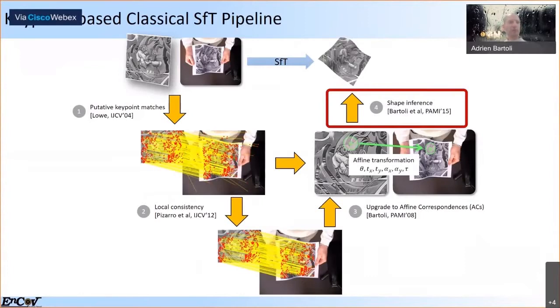So this is important because if you're familiar with structure from motion, you know that in structure from motion, a very essential component is the ability to do random sampling with RANSAC, for instance, to be able to be highly robust to mismatches.